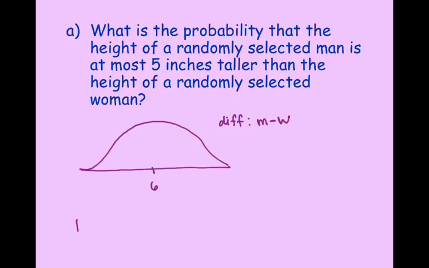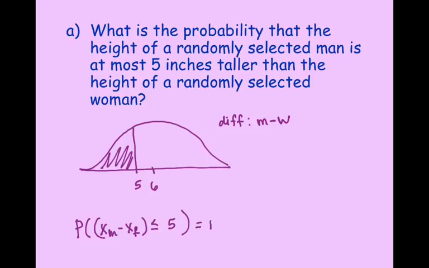So I want to know the probability that a randomly selected man, we'll call this X man, is at most 5 inches taller than a randomly selected woman. So that's the height of the man minus the height of the woman, and that difference is less than or equal to 5 inches. So we're really calculating the probability on this difference curve of getting a difference less than or equal to 5.